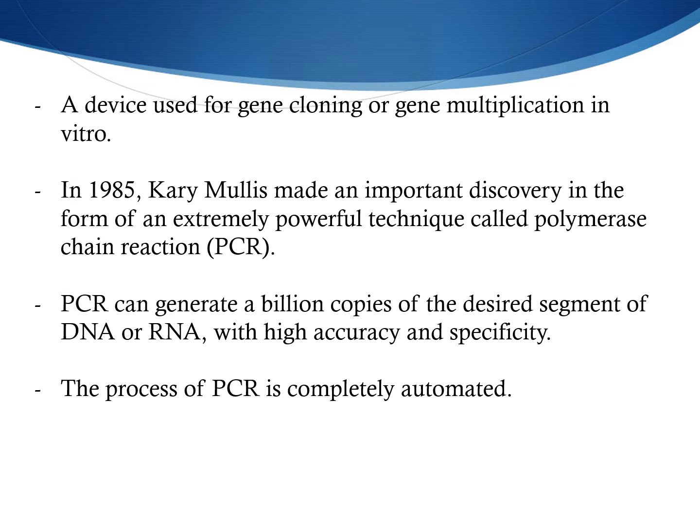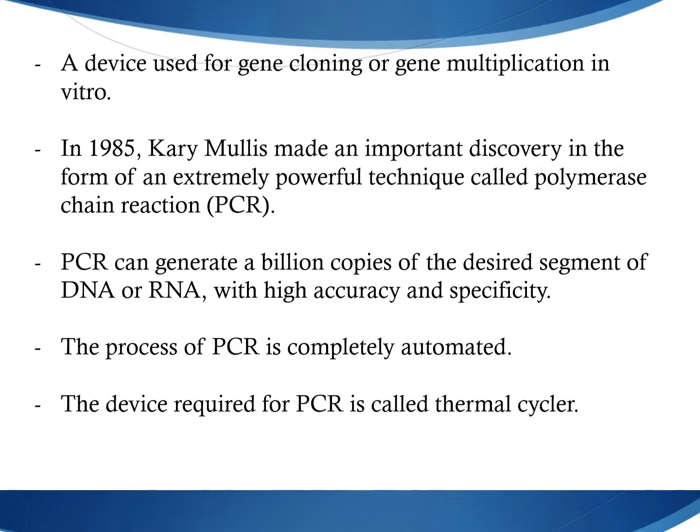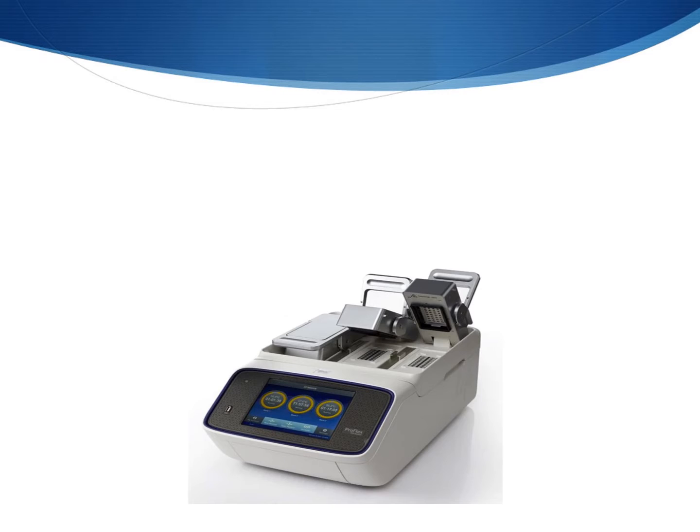The process of PCR is completely automated. The device required for PCR is called thermal cycler. So the machine that we use for PCR technique is called a thermal cycler. In this slide, we see a device that we use in PCR. This device is called a thermal cycler.